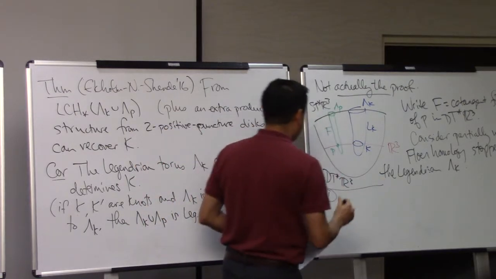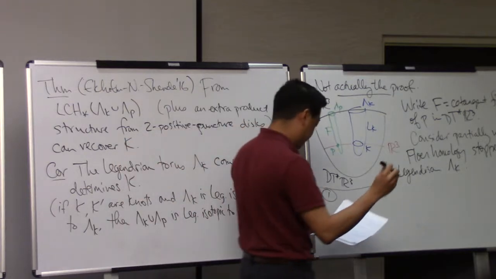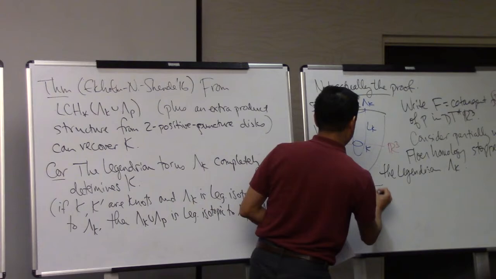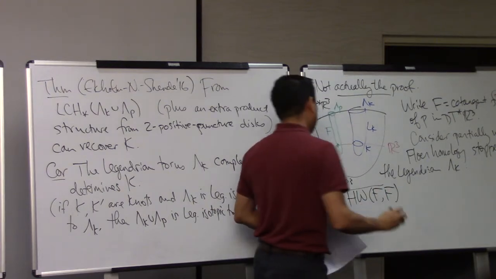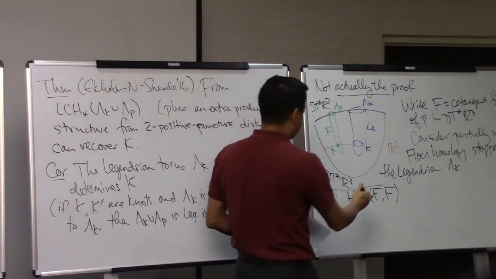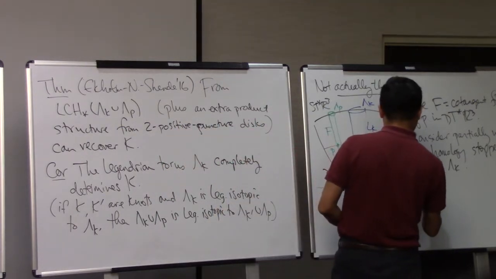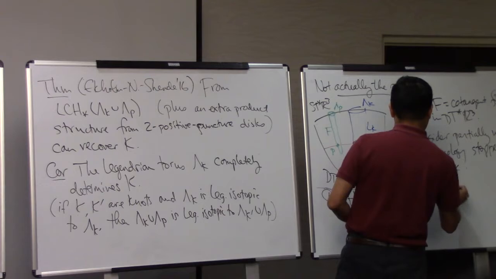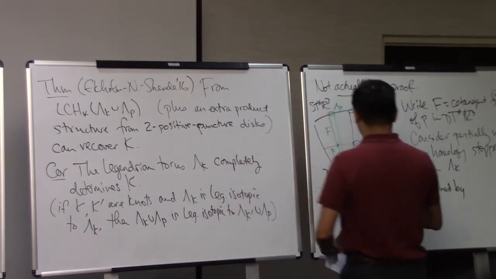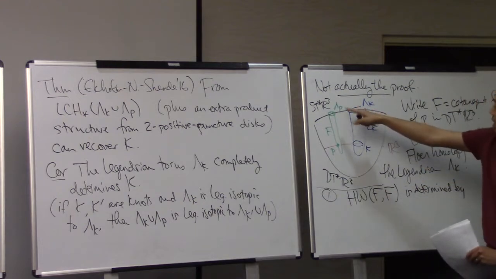So the first thing is that partially wrapped Floer homology. Let's take the partially wrapped Floer homology of F with itself, of just F. So it's determined by some stuff at infinity.